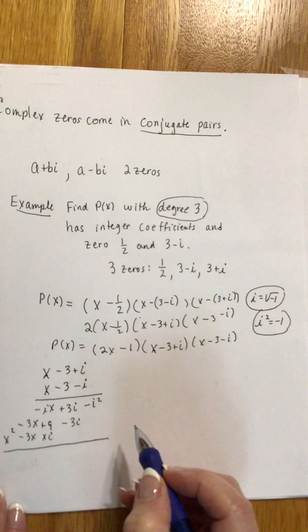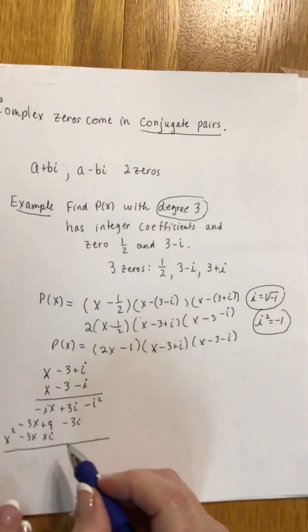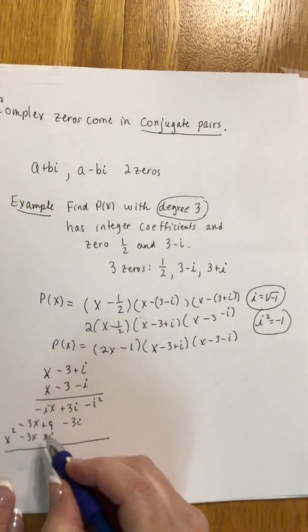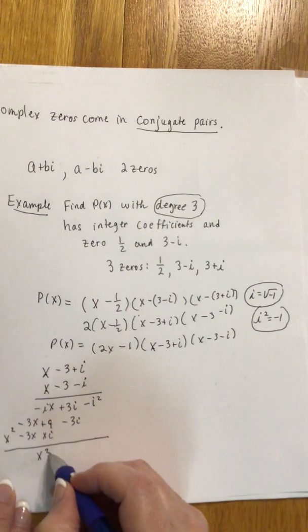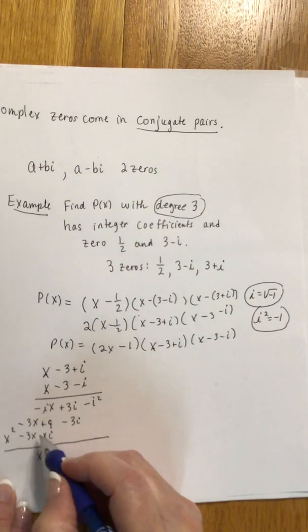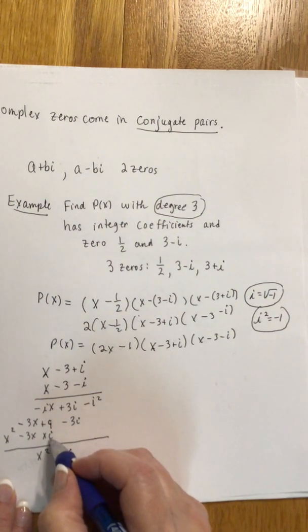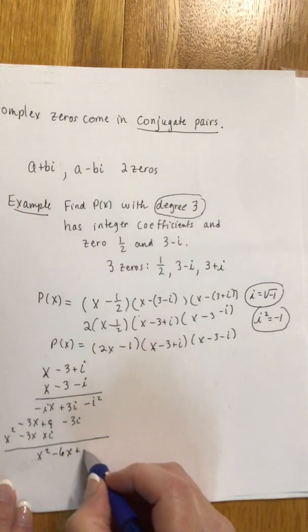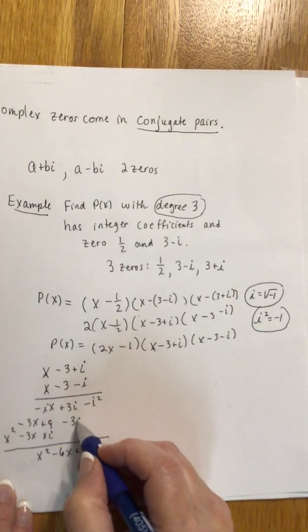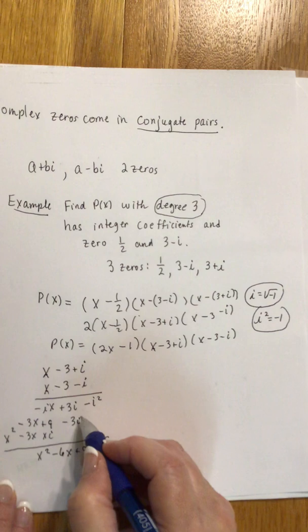So they're all sort of lined up. Starting out with x squared, negative 3x and negative 3x gives me negative 6x. The positive xi and the negative xi are going to cancel each other out, so I just get plus 9. And then this cancels out between these two.